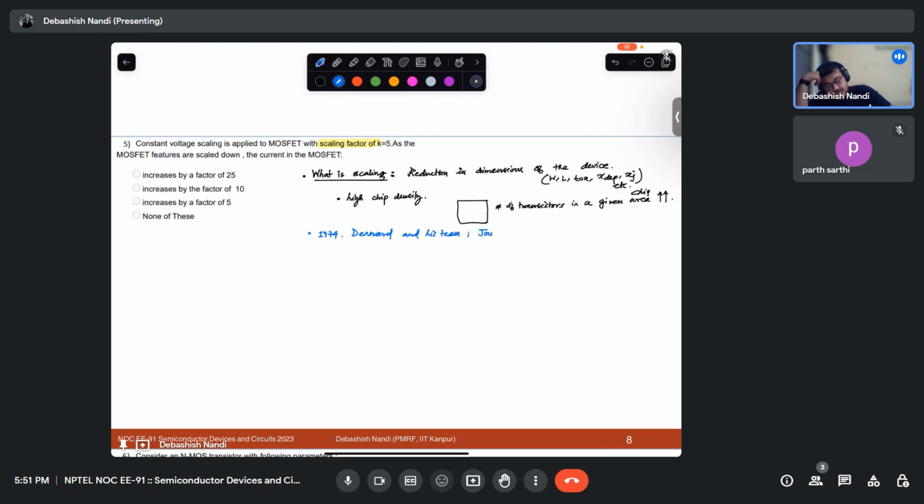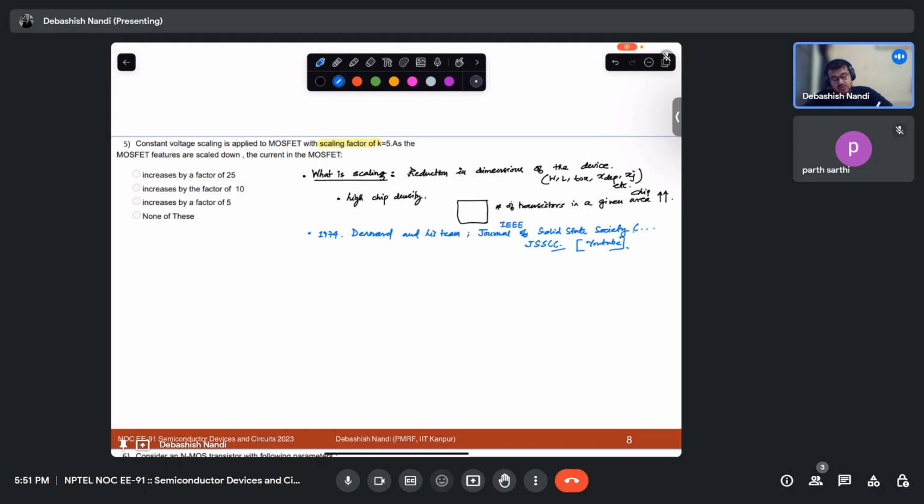You will find it in the IEEE Journal of Solid State Circuits. I think it is something like that, JSSC. So I will share this paper in the YouTube link. This is actually the mother paper for all the scaling theory.